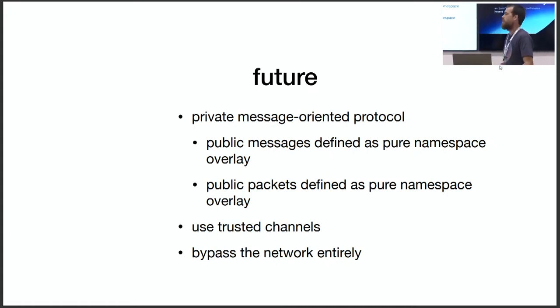But if you can lay the namespace out correctly, and this might be tricky in some circumstances, but in some circumstances it will be straightforward. You can just extend that and say, well, the true data layer, the true messaging layer, the deepest, most meaningful names is the private messaging layer. It's not encrypted. It's the actual names that you would use in your applications, the actual data that you would use in your application.